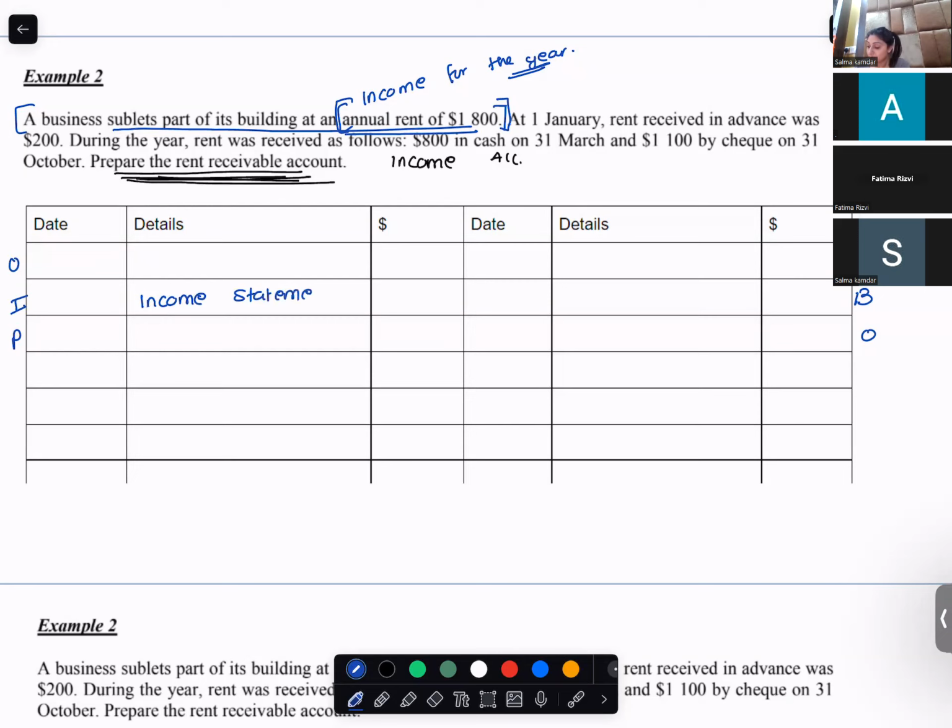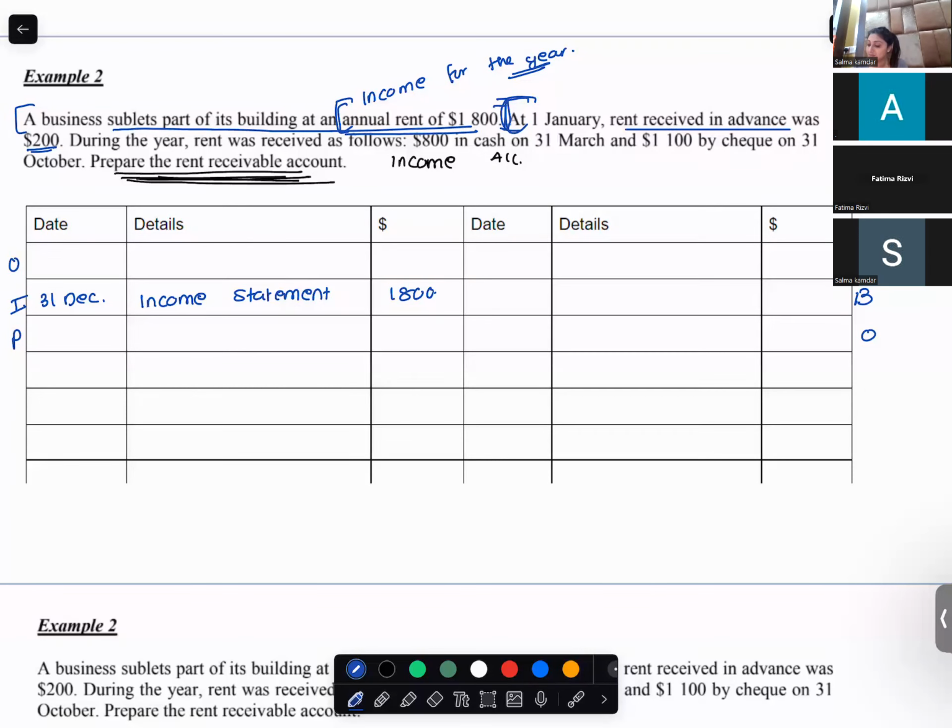Mahat, I hope you're also solving along with me. So this would be on the last date, so I will write 31st December. Are you both with me? Yes. Fatima, read ahead. At 1st January, rent received income in advance was 200.